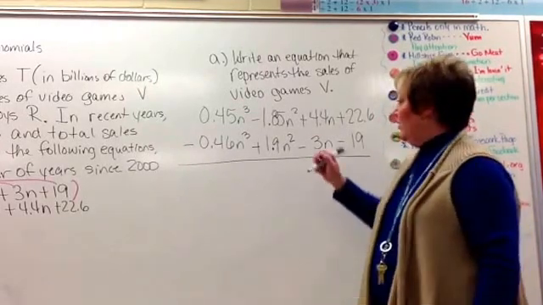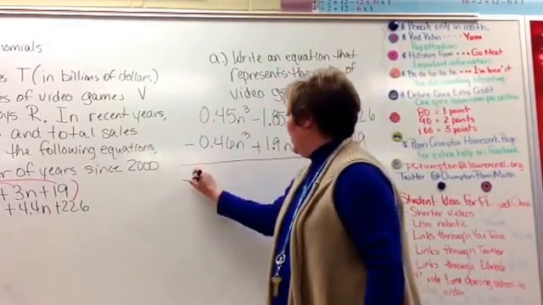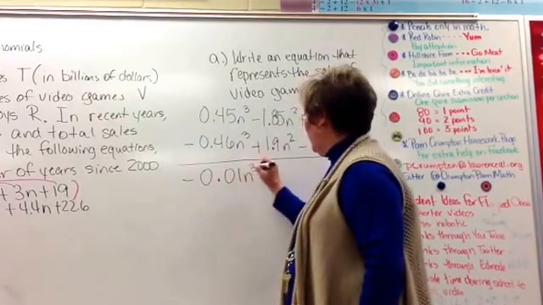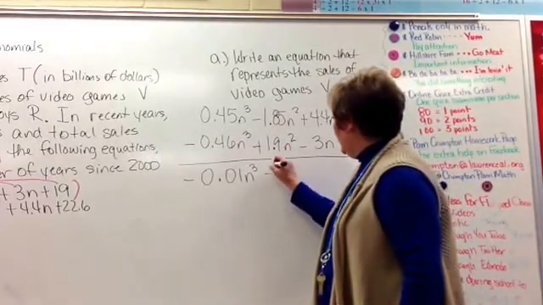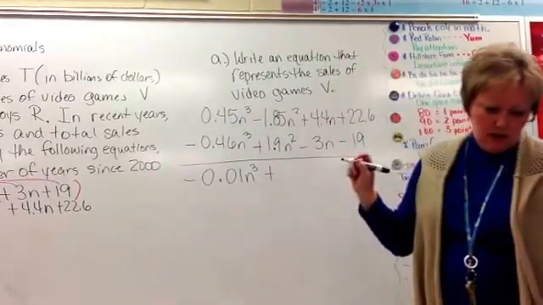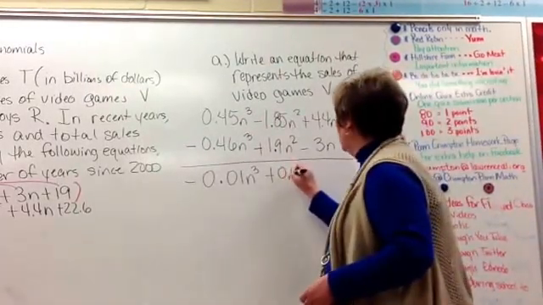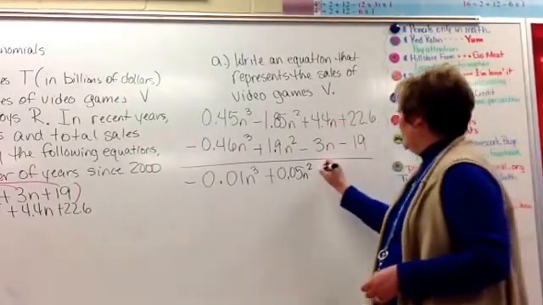Let's check your answer. When we subtract this, you're going to get negative 0.01 n to the third power. When we subtract these two, we're going to get positive, I'm going to cheat and look at my book, 0.05 n to the second here.